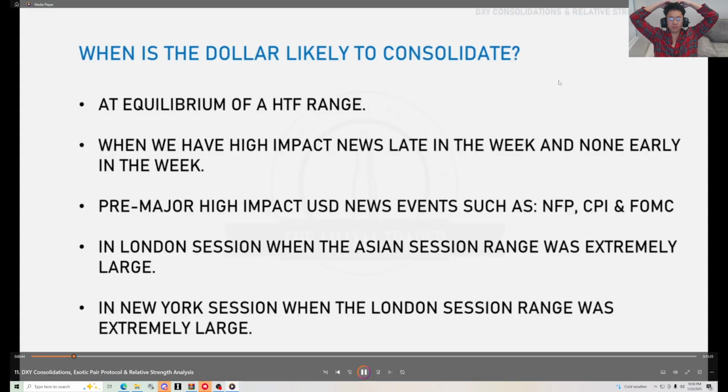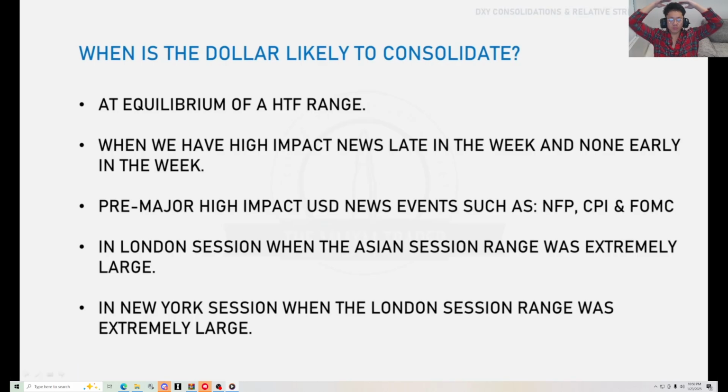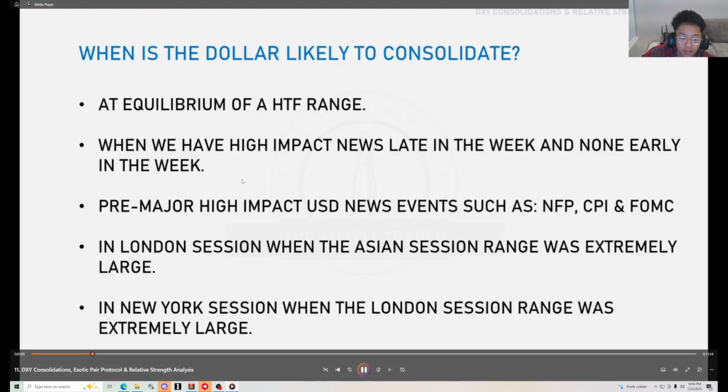When it is at equilibrium of a higher time frame range, when we have high impact news late in the week and none early in the week, three major high impact US news events such as NFP, CPI or FOMC, in London session when the Asian session was extremely large, and then in New York session when London session was extremely large. That was similar today. We had a consolidation period the whole day, basically today, and boom, London session probably had a big range.